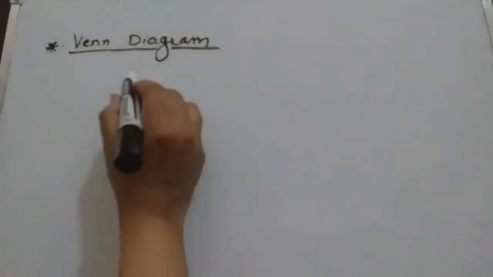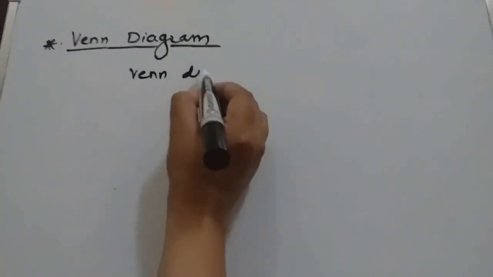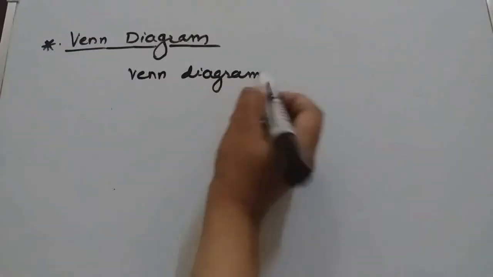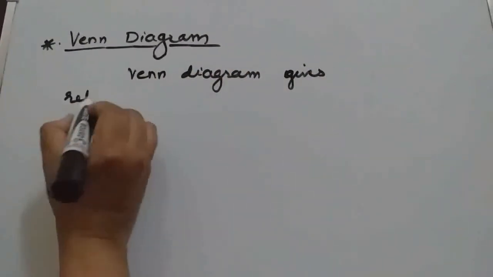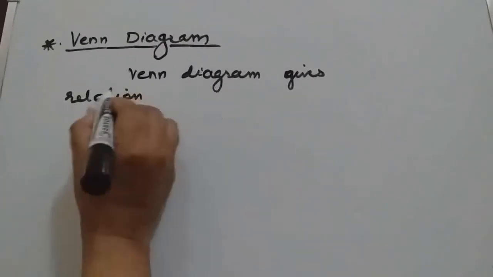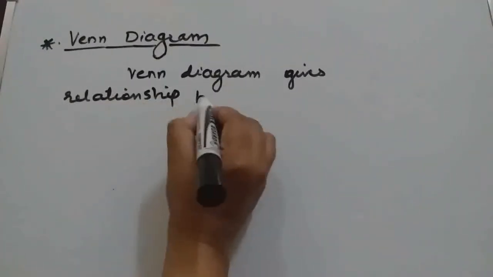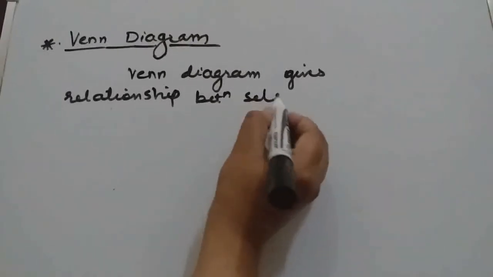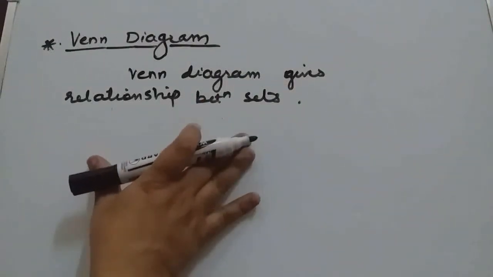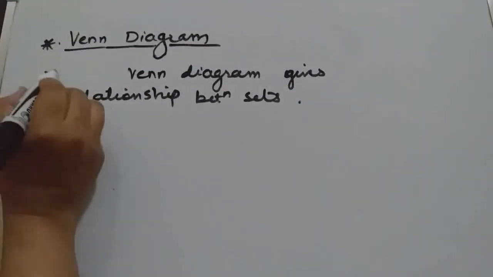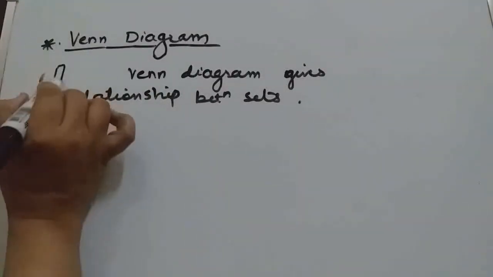See, a Venn diagram gives the relationship between sets. Okay, this is what we can also say is a diagrammatic representation of sets.